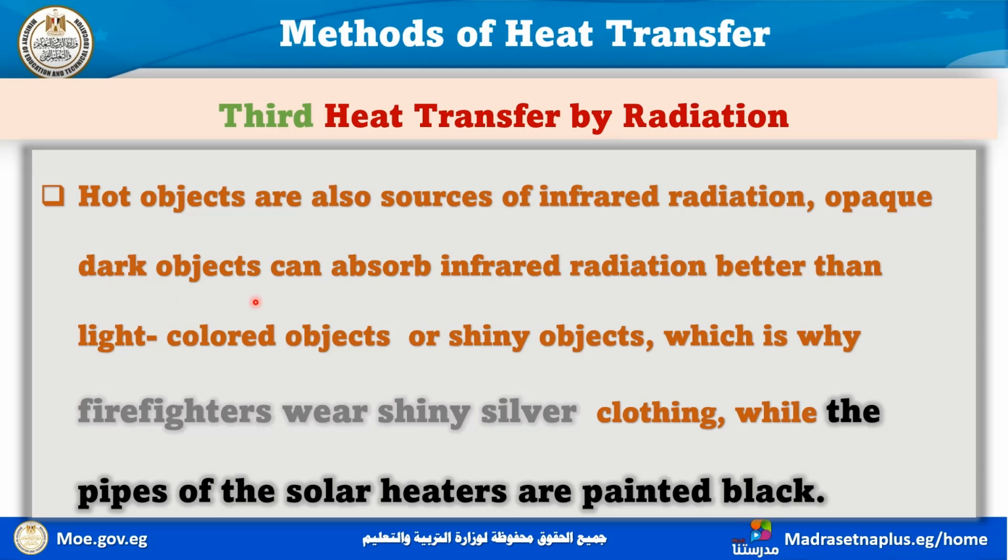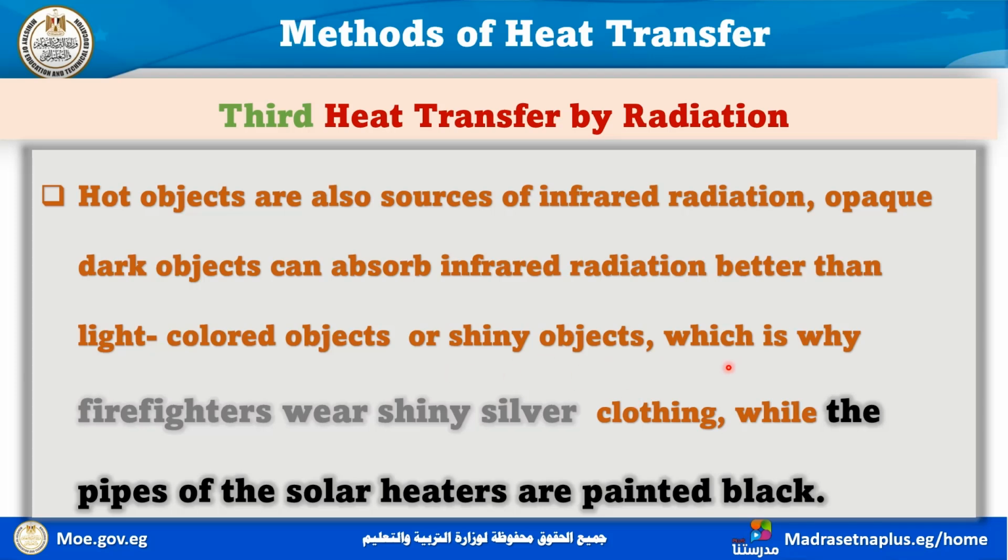A dark object can absorb infrared radiation better than light-colored objects or shiny objects. That is why we wear dark-colored clothes in winter to absorb infrared radiation and to allow us to feel warm in cold winter weather, while in summer we wear light-colored or shiny clothes to allow reflection of infrared radiation.